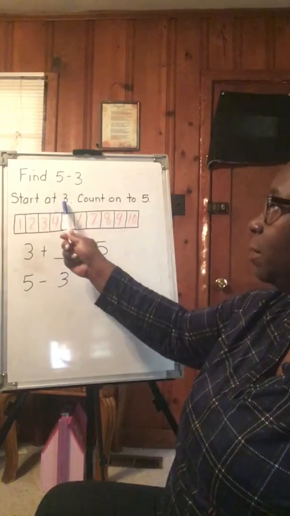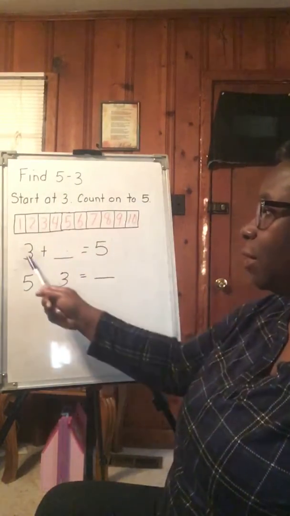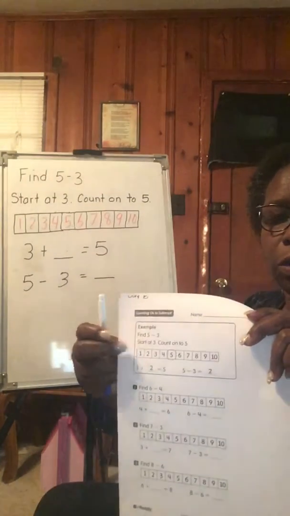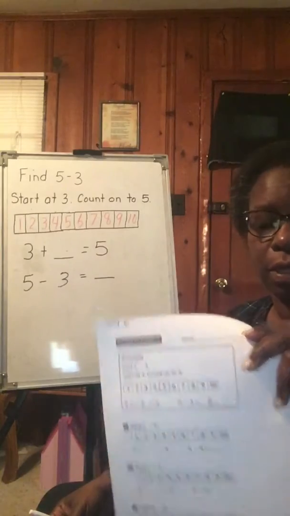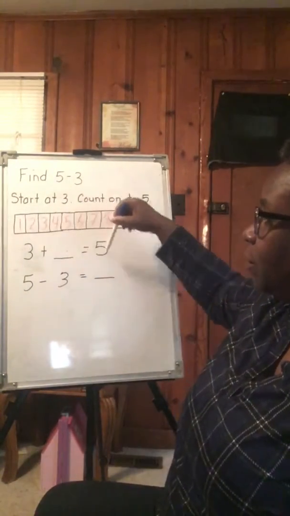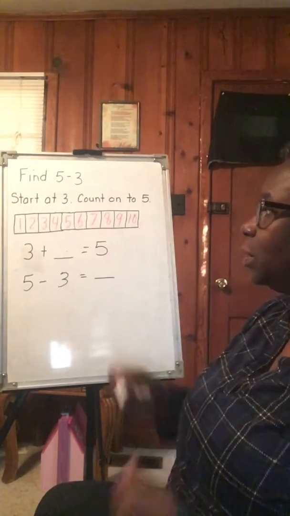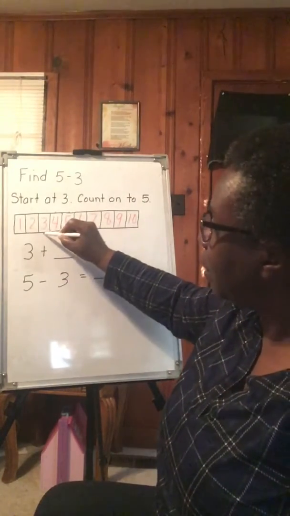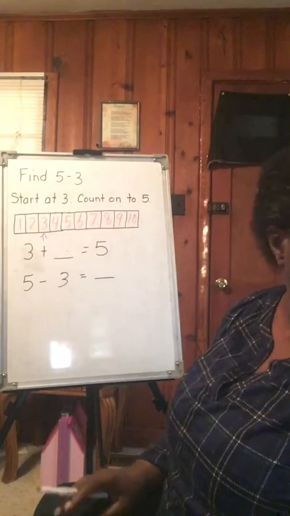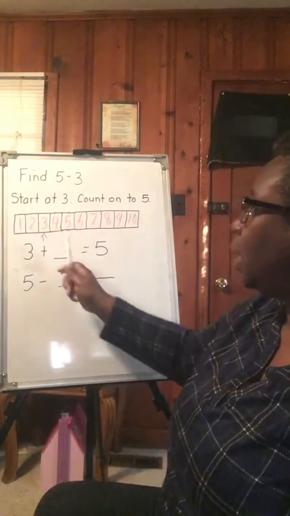You start at 3, count on to 5. So our first problem, which is our example problem on our packet sheet, or you'll also see it on your Google Classroom. So you have 3 plus blank equals 5. So we're starting with our 3, and it says count on, okay?